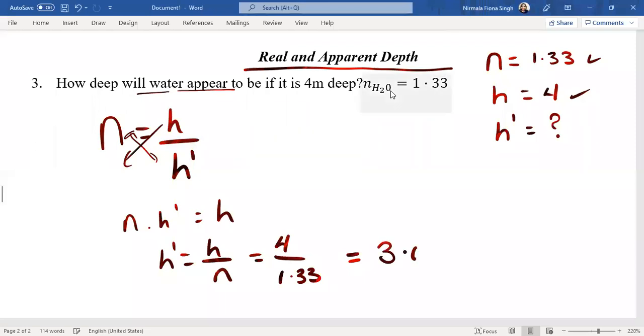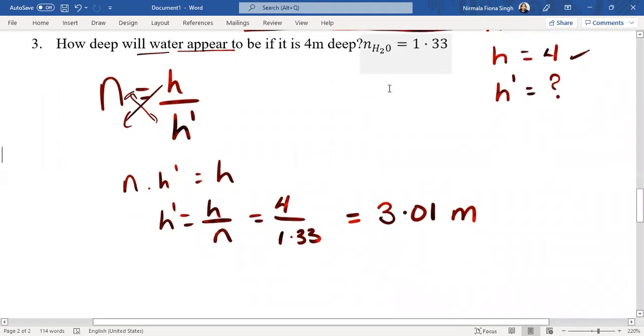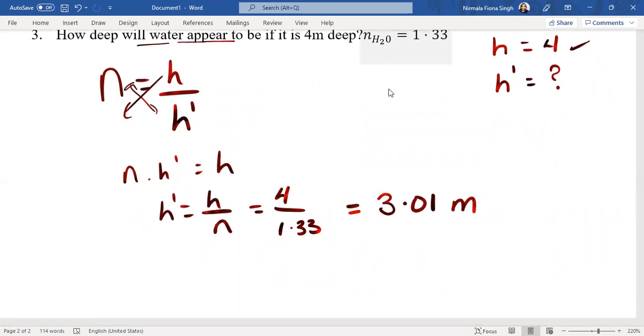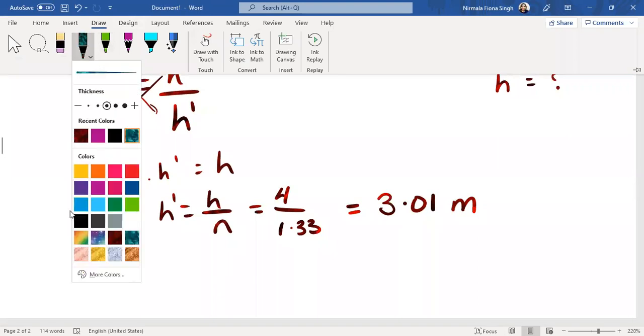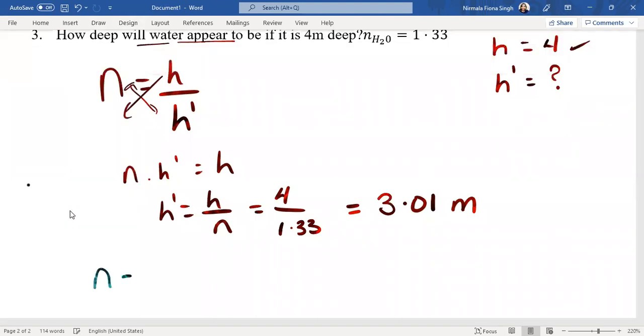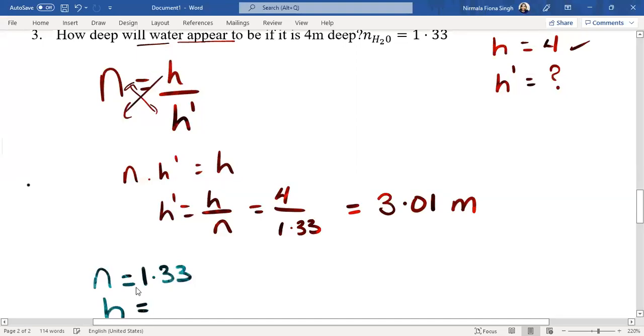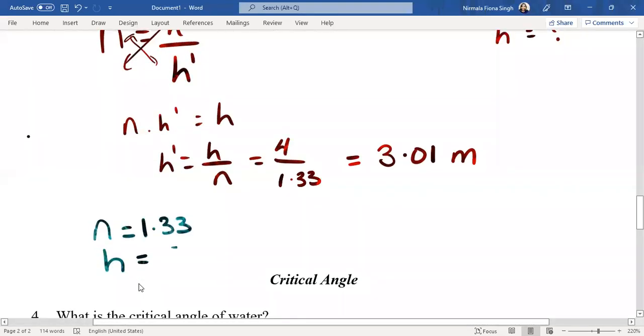3.01. 3.01 meters. Everybody got that? Yes. Beautiful. Let me give you one on your own. Tell me, how deep will water appear to be? If water has a refractive index of 1.33, and the water depth I am looking at is 5.4 meters.